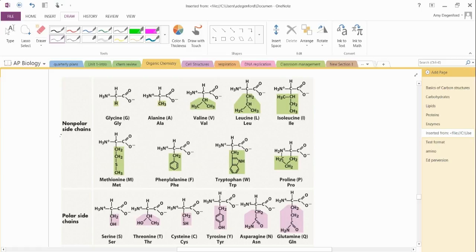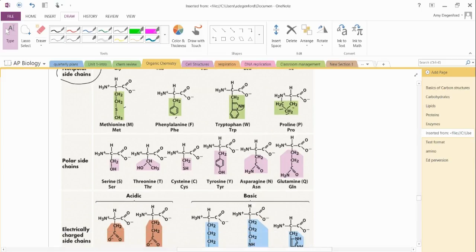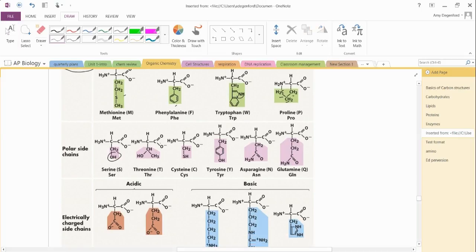But notice we can see that some of these are non-polar. And if you give a quick glance, notice these are hydrocarbons. They're very neutral. They have very minimal dipole moments. Then we have the polar, which can be, here we have our OH groups, which should become very familiar.